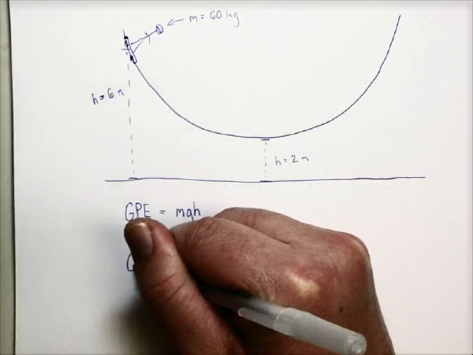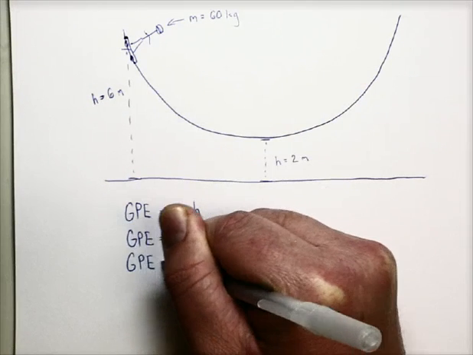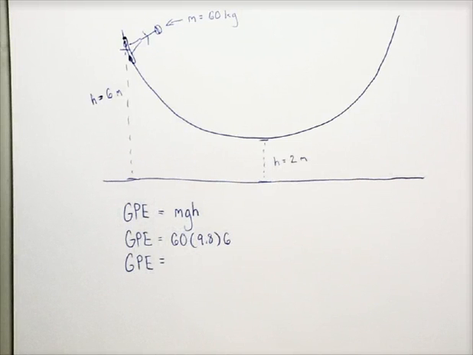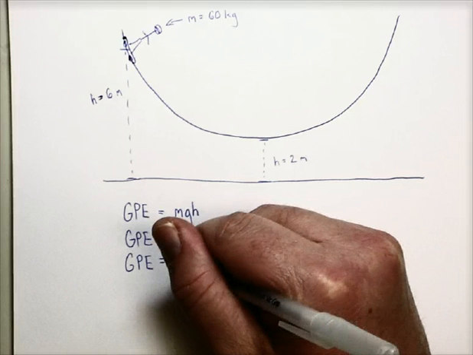And so now all we have to do to figure out his gravitational potential energy is multiply those through. So we take 60 times 9.8 times 6, and we get that he has 3,528.